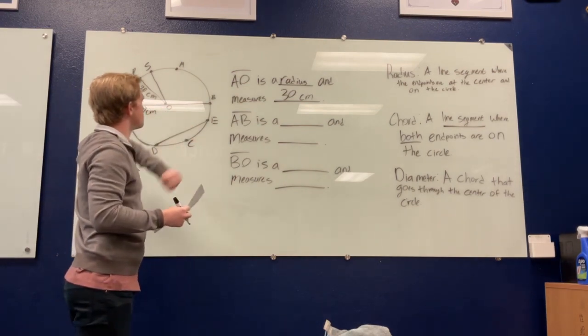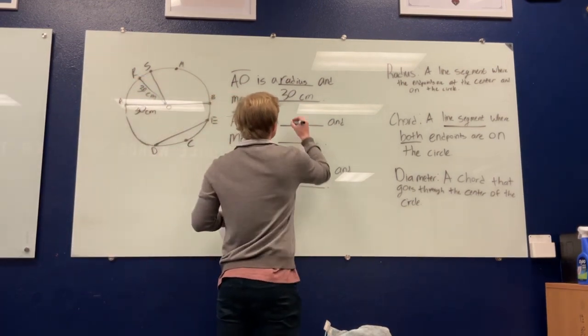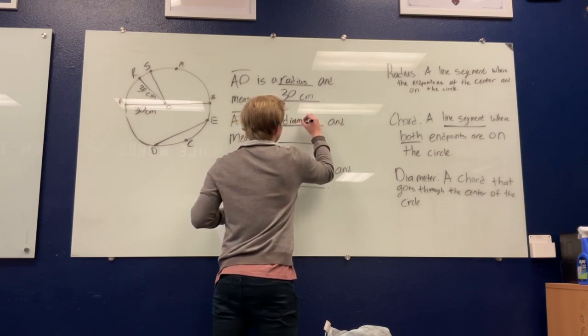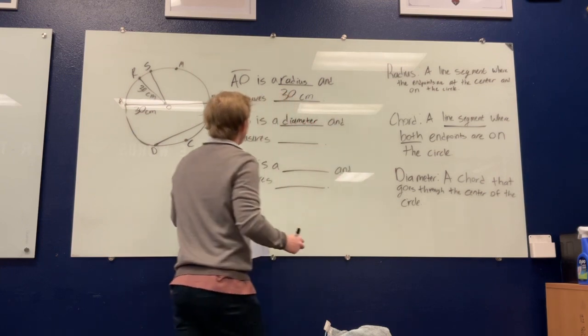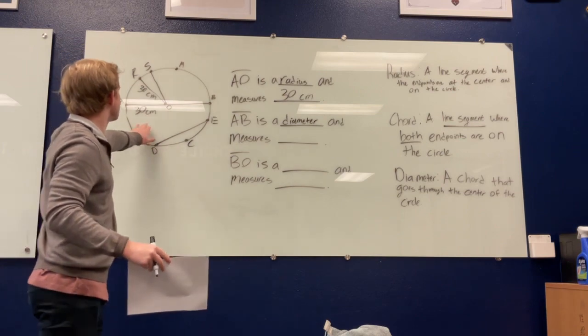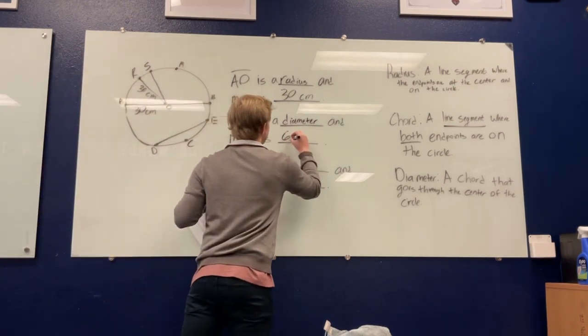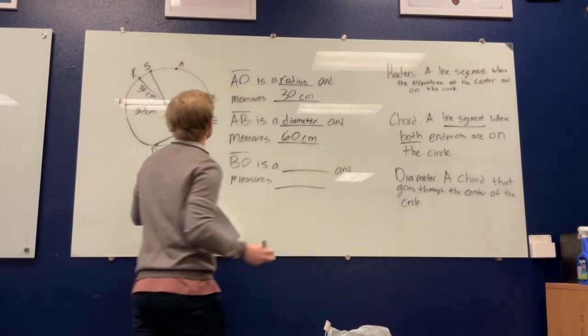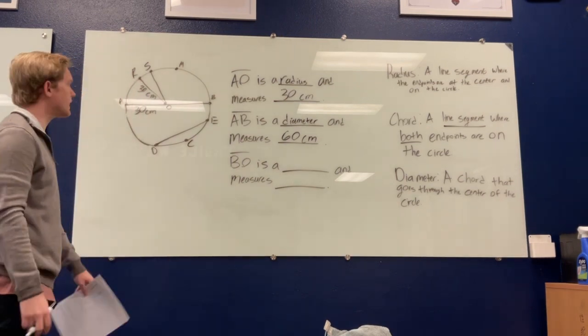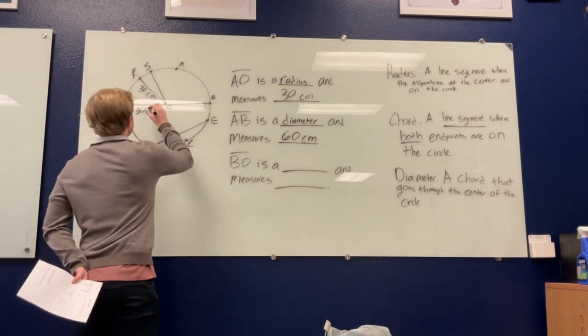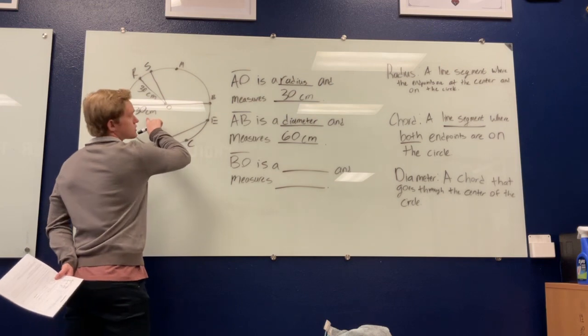Now let's look at A to B. We see that A to B is a diameter. And a diameter measures out to 60 centimeters here. Why 60 though? Well, a diameter is double the radius. So we see that we have 30 centimeters on our left side.